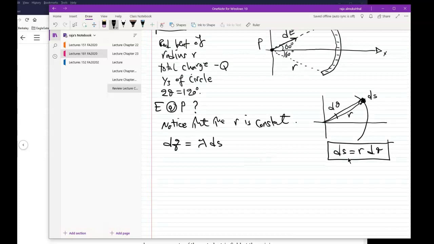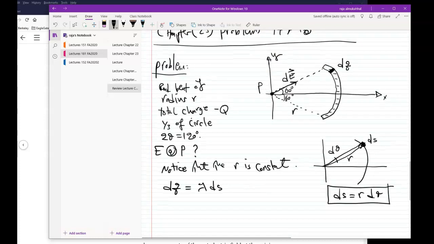Now, one more thing. Notice that the dE here has two components, dEx and dEy, right? And because of the symmetry of the problem, if I take another element here, the component dEy here will cancel with the component dEy here.